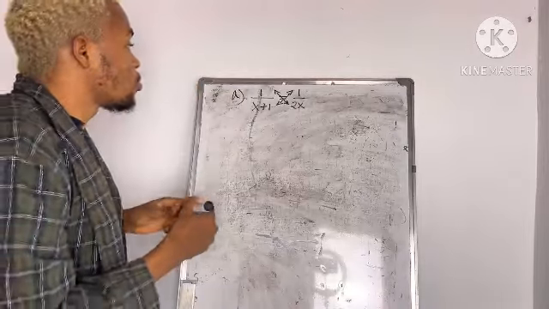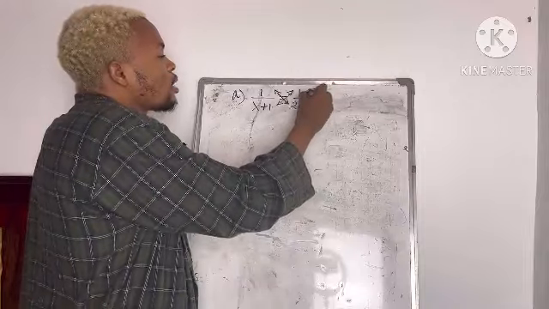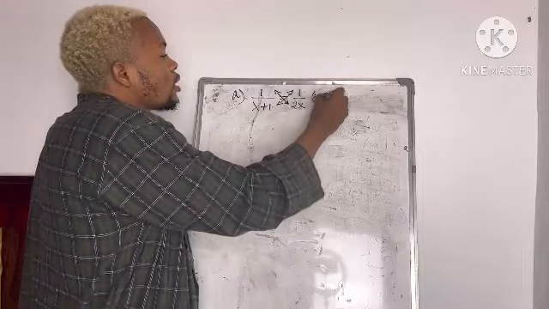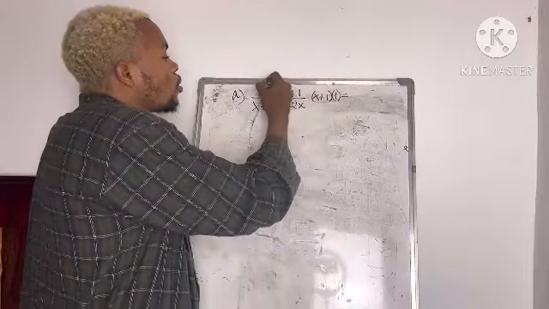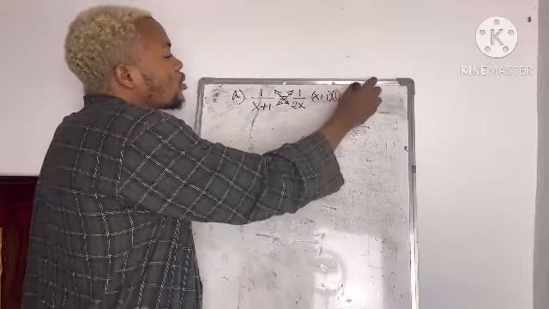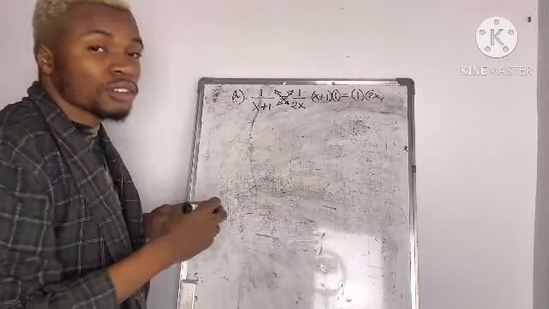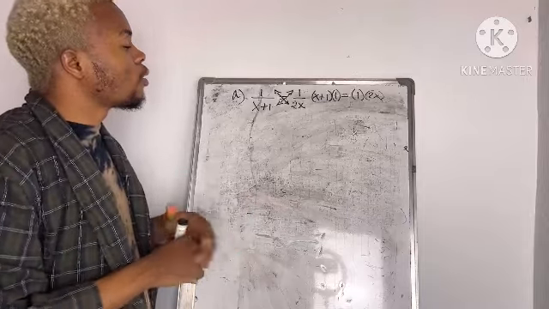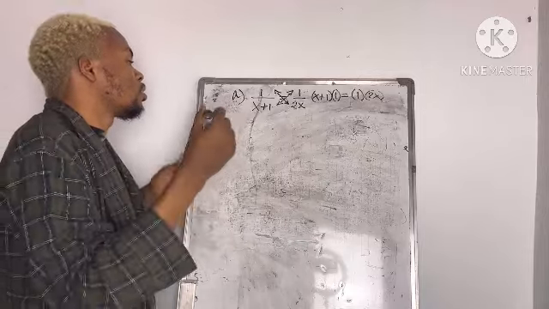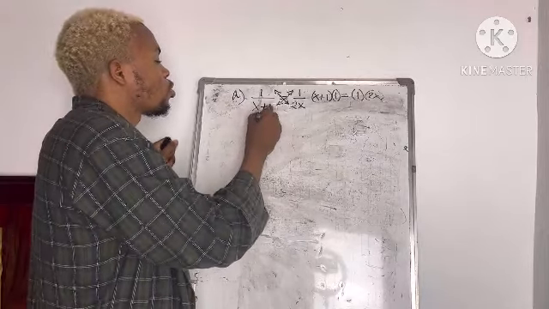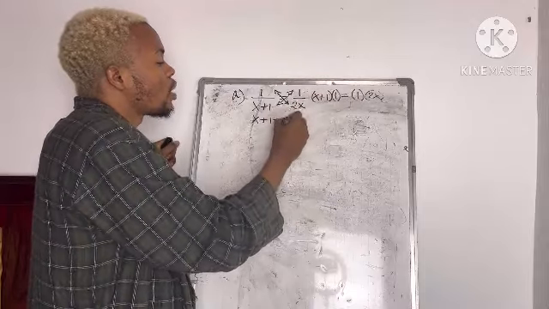When you cross multiply, you have x plus 1 times 1 equal to 1 times 2x. Now the next thing is x plus 1 times 1, you have x plus 1, equal to 1 times 2x, you have 2x.